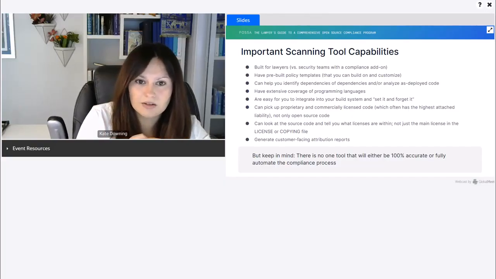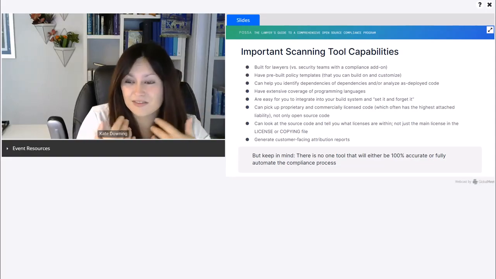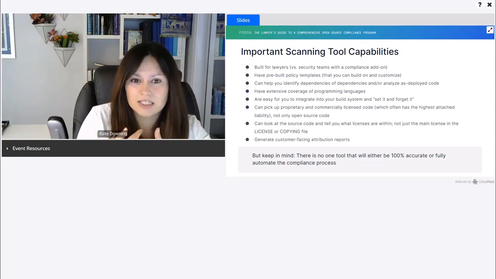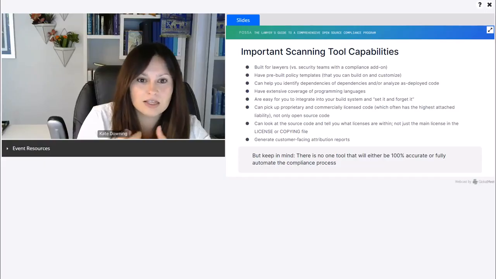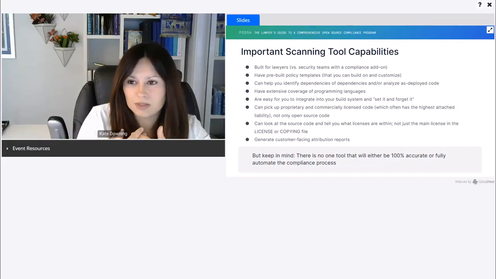I also think it's very useful, and this is a very legal perspective, for scanning tools to have UIs that are not just for engineers, but UIs for lawyers and compliance people, where you can actually go in and see useful information about what's going on with the company at any given point in time. There are other scanning tools that don't have that, right?